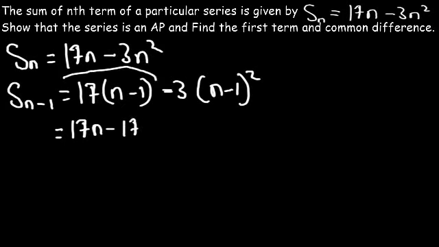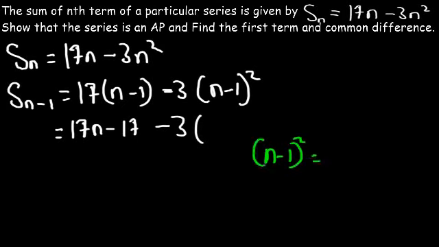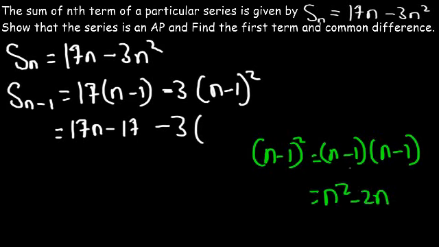What I did was expand this bracket. Okay, perfect. Now I should have minus 3 multiplied by... So let's expand n minus 1 all squared. If I have n minus 1 squared, that's n minus 1 times n minus 1. That's n squared minus 2n plus 1. Perfect. So I'm just going to replace it with that.